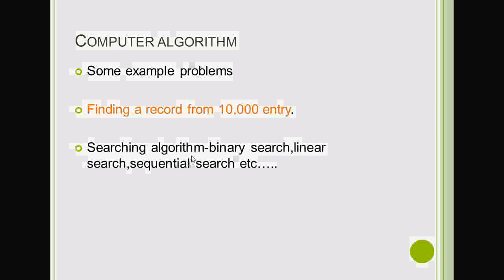Why are there so many procedures to solve a single problem? Because each algorithm has its own advantages and disadvantages. The time and space each algorithm requires is different. Based on the area or situation where we are going to use it, we decide the best or optimal algorithm to solve the problem.